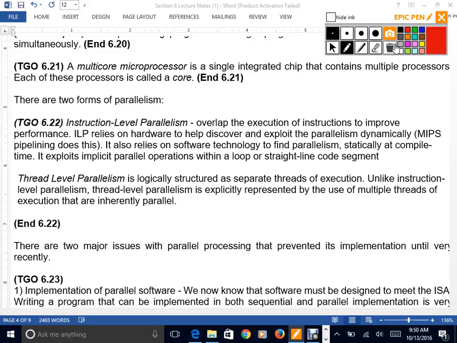That's correct. So basically in C, and you'll get your hands dirty with this when we're doing the Tensilica labs, you would actually do a pound include pthread, and you would designate which programs or functions would be run in a specific thread, or which functions would be run in another thread, with the objective of improving the throughput.